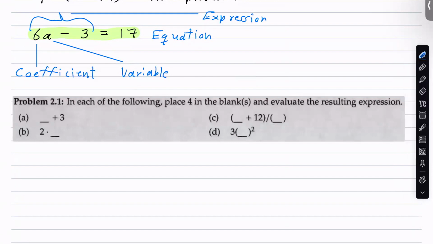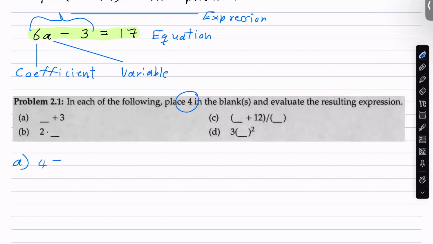So in this example, we're told that in each of the following, we want to place the number 4 in the blanks and evaluate the resulting expression. So even though the expression doesn't have an equal sign, we're going to provide that equal sign since we're going to solve for it.